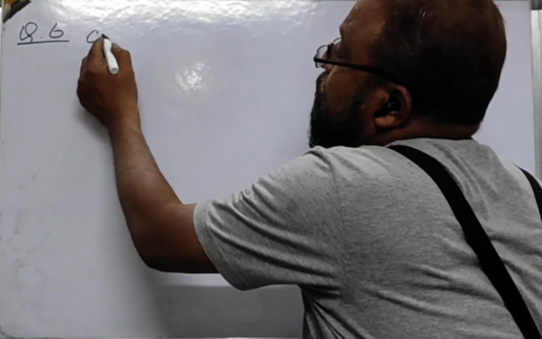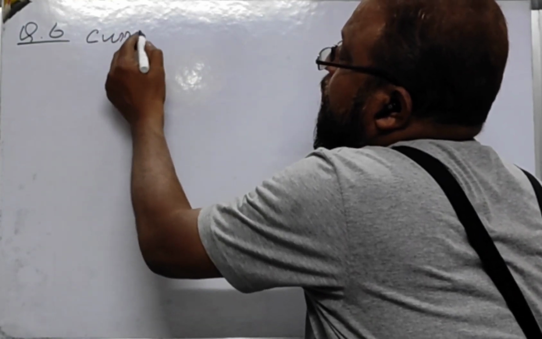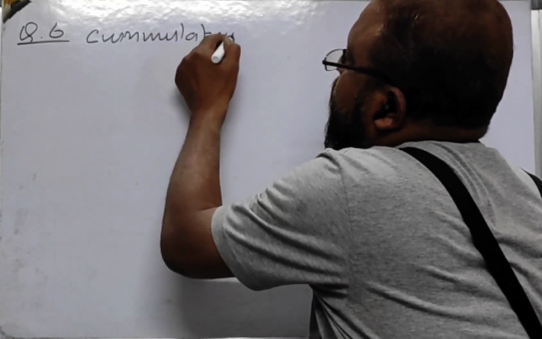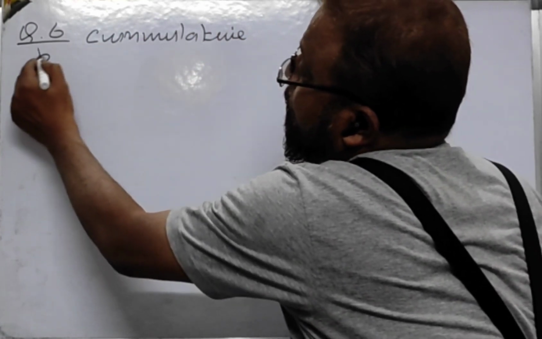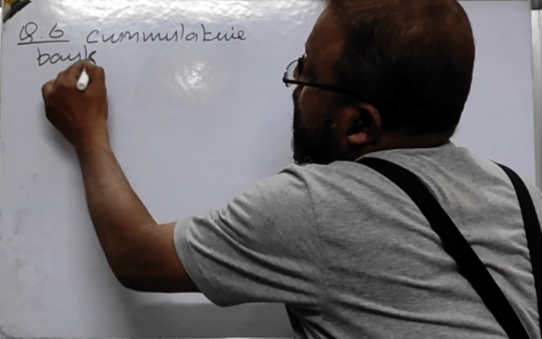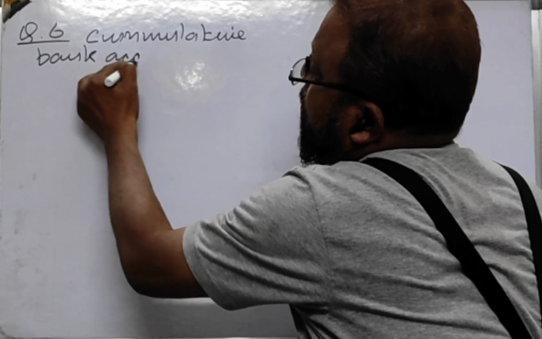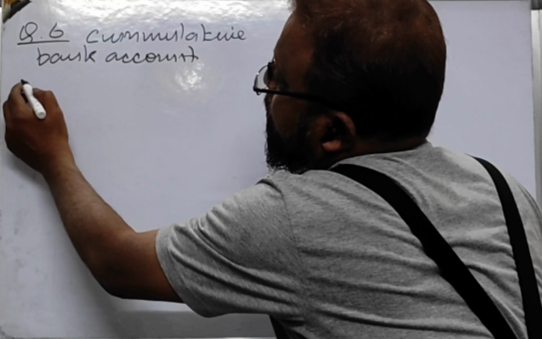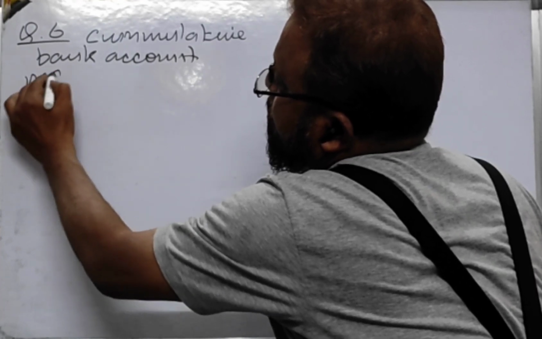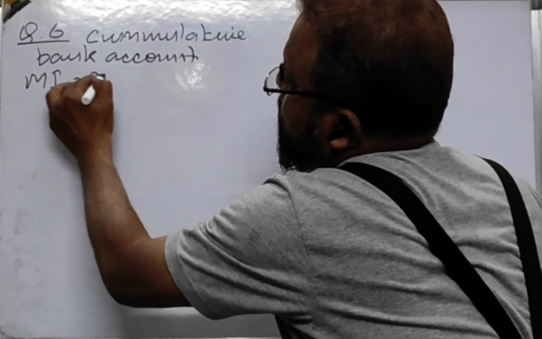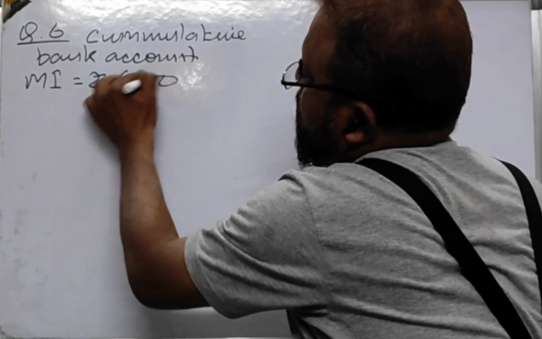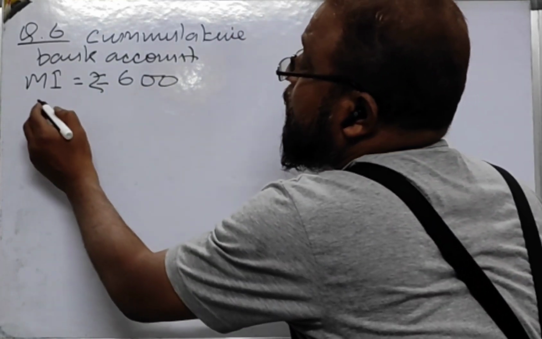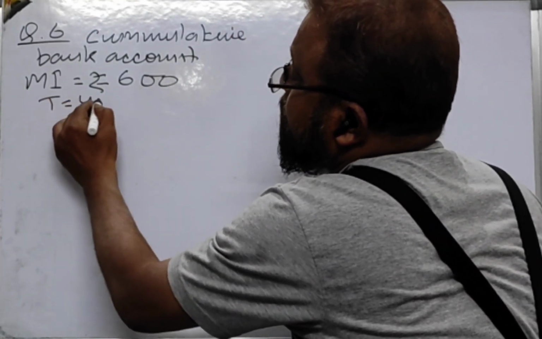Bank account. Okay, so cumulative bank account, right? So every month MI is rupees 600. Now for 4 years, so time is 4 years.